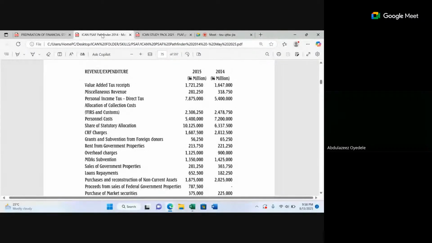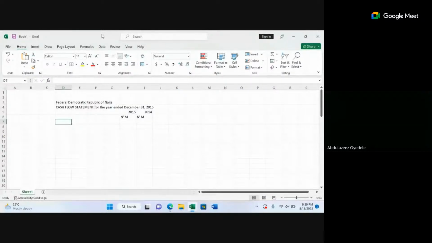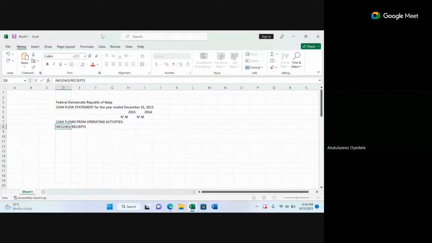So all those items that are regular activities of those organizations are what we want to pick. Let's give our headings first. Cash flows from operating activities. So the inflows first, inflows or receipts, whatever you want to call it. I give it a name for them to know that it is the money that comes in that you want to list now.